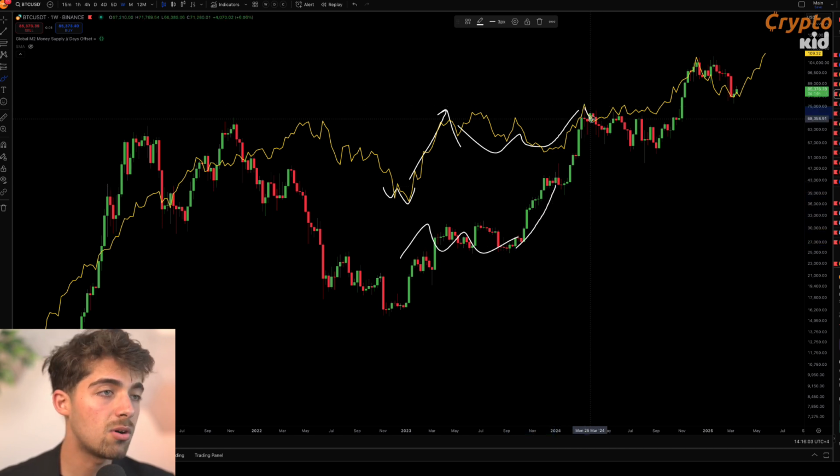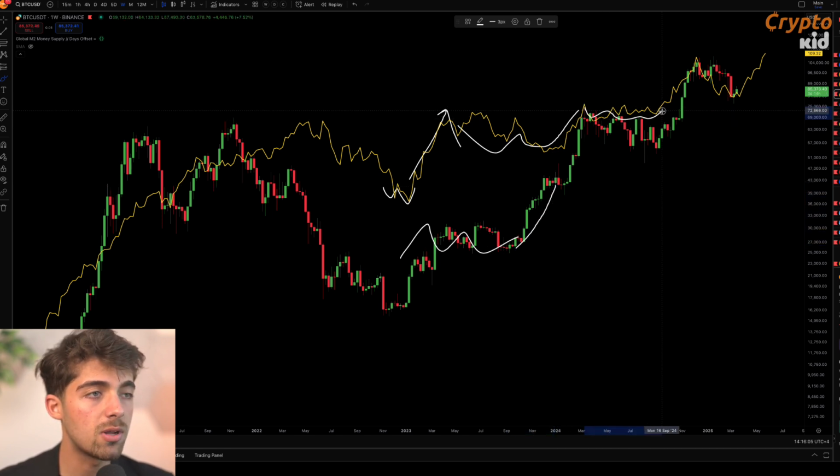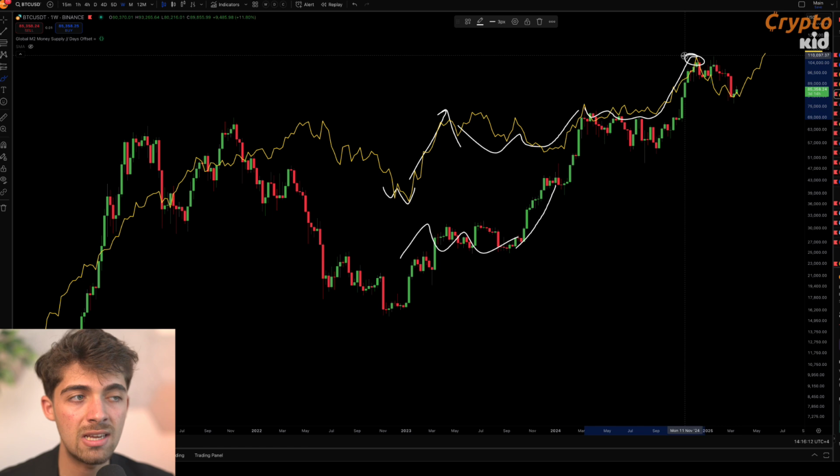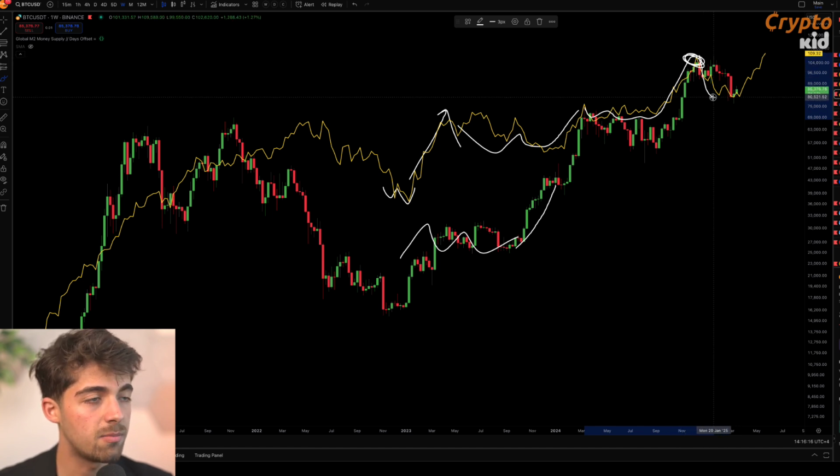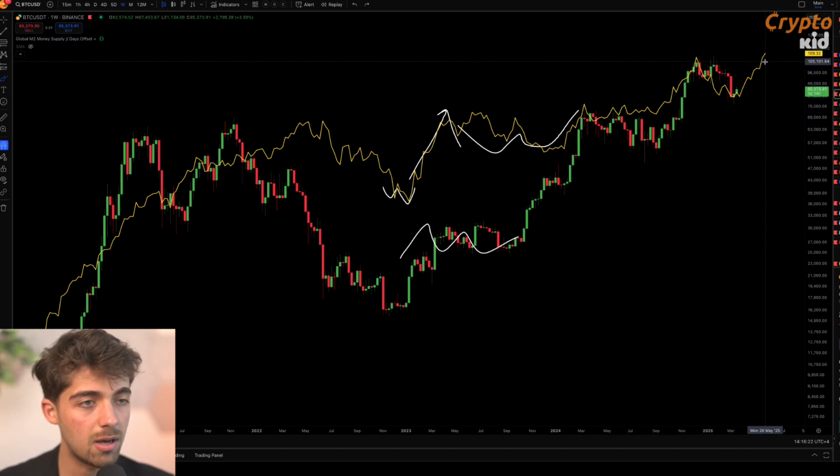Between March and November, you see consolidation, and then following Trump's victory, M2 money supply increases, so does the price of Bitcoin, and then you have an exact top with a 10-week delay right here when M2 liquidity goes down, price of Bitcoin goes down, and now we're in this consolidation phase, and soon we should be starting to experience a pump to the upside.